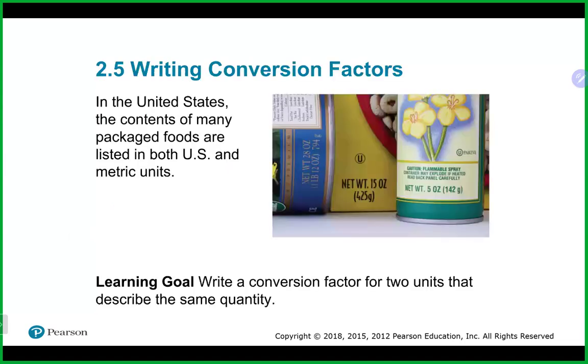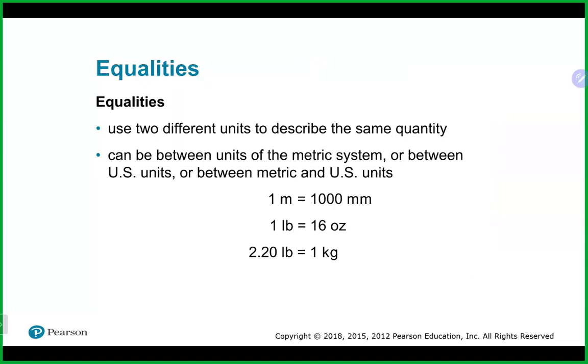All right. We've touched upon this earlier, so we're now going to officially talk about conversion factors and how to write them and use them. Hopefully you're starting to get the hang of it. As we talked about, we could have equalities, and there are three types of equalities that we come across, based on the different units that we have.